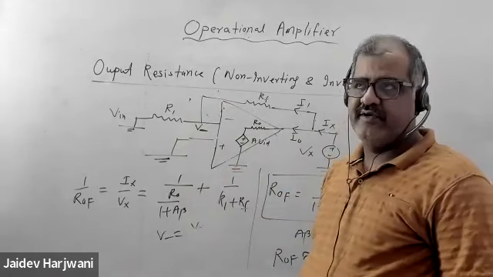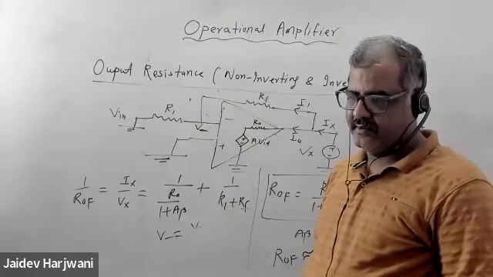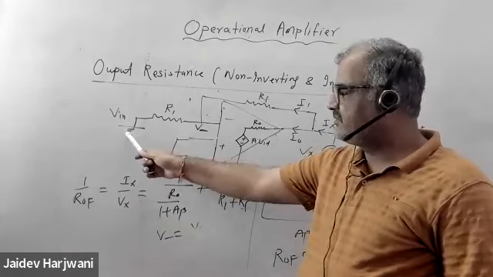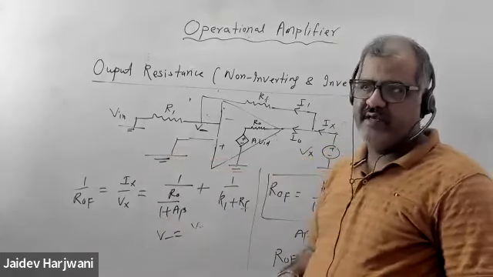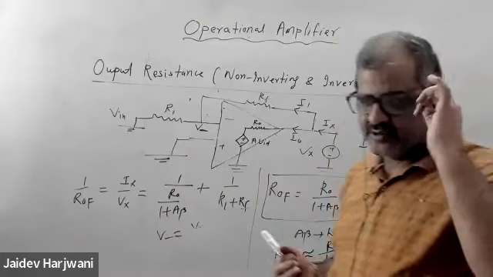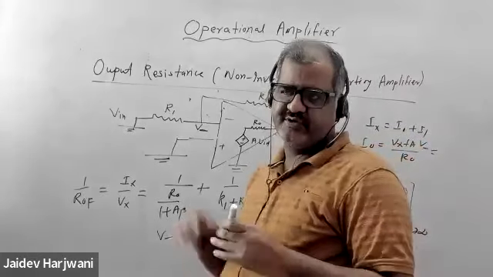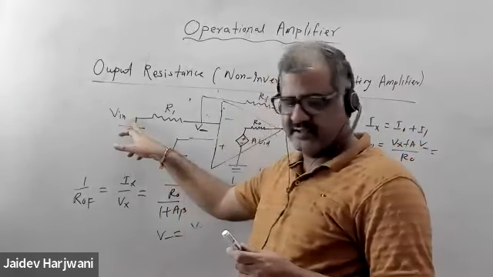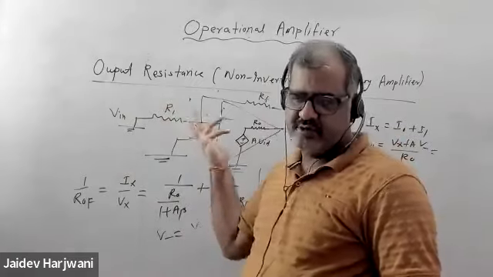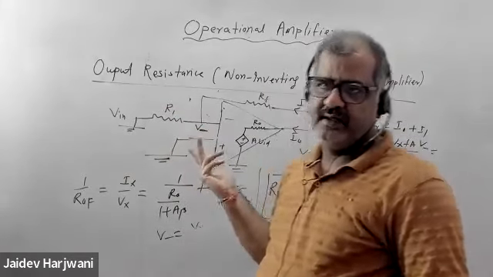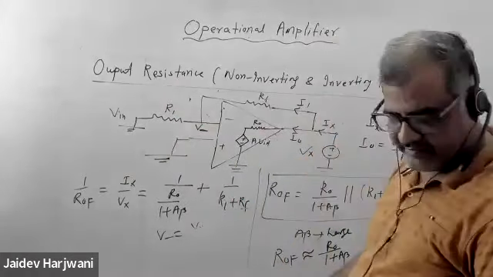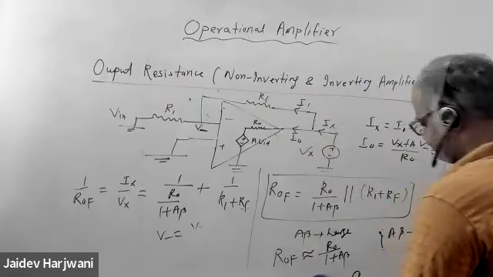So for that I have made this ground. How can we make this source off? Source off means we have to short it. So I have shorted this. So when I short, both become the same. Once both are same, I'm calculating only one time.